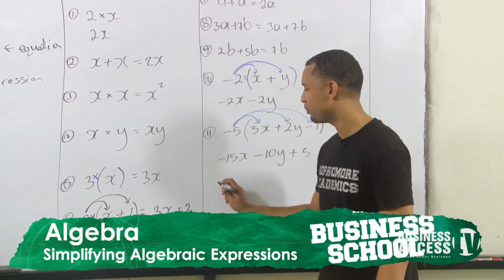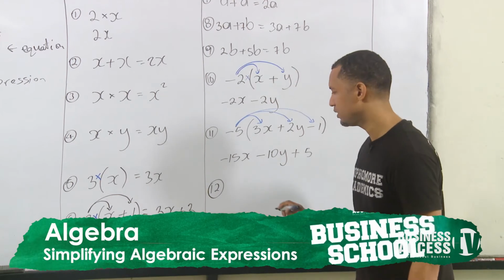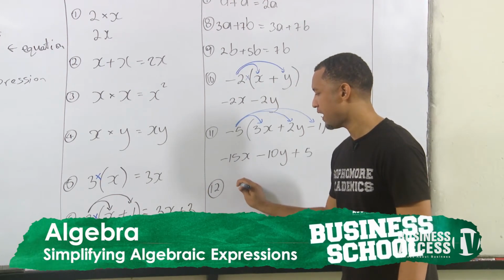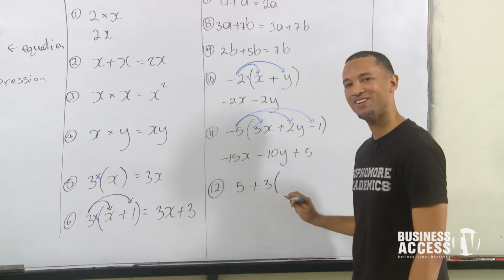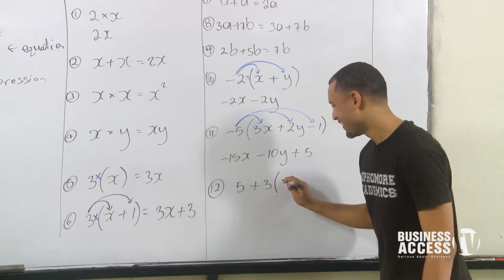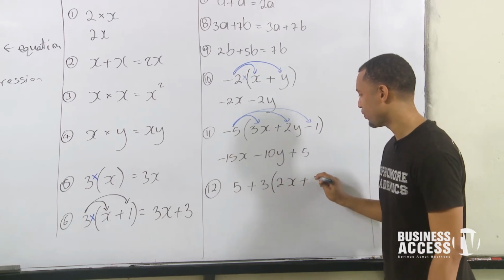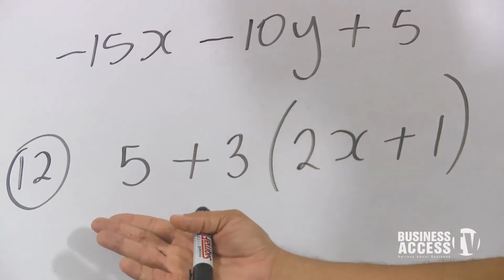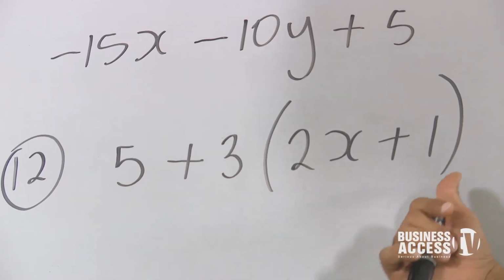Let me step it up a notch. What about this right here? Suppose you see 5 plus 3 times 2x plus 1. So this expression, 5 plus 3 times 2x plus 1.